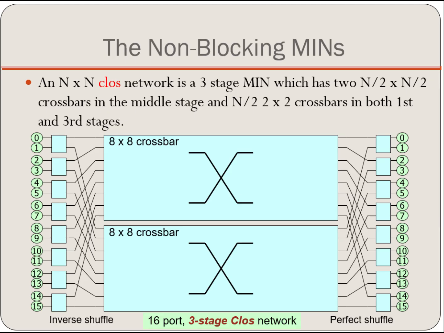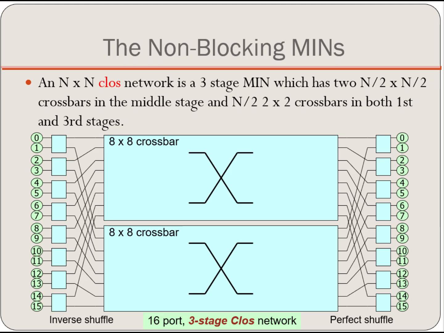For example, this n by n Clos network has 3 stages. The first stage has 2 by 2 crossbars with direct links to the original inputs, and these crossbars link to two n over 2 by n over 2 crossbars.